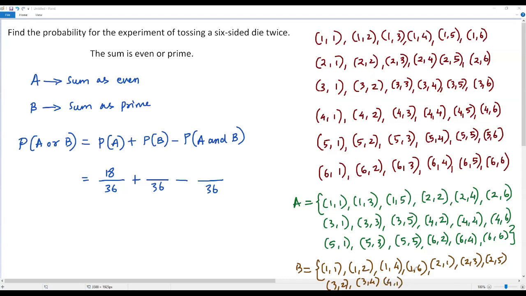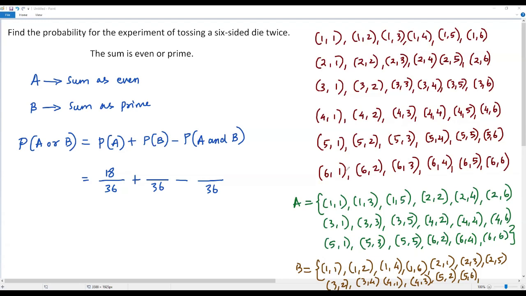4 comma 1 can be considered. And 4 comma 2, 4 comma 3. 4 plus 3 is 7. 7 is a prime number. And 4 comma 4, 4 comma 5, 4 comma 6, no. 5 comma 1, 5 comma 2. 5 plus 2 is 7, 7 is a prime number, that is 5 comma 2, 5 comma 3, 5 comma 4, 5 comma 5, 5 comma 6, because 5 plus 6 is 11, 11 is a prime number, we can write 5 comma 6.